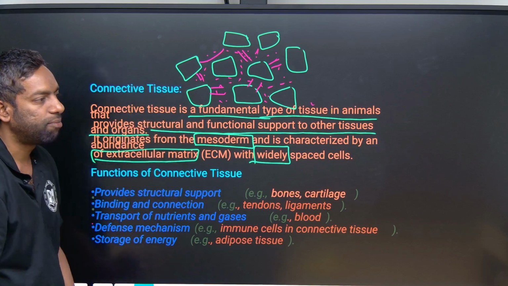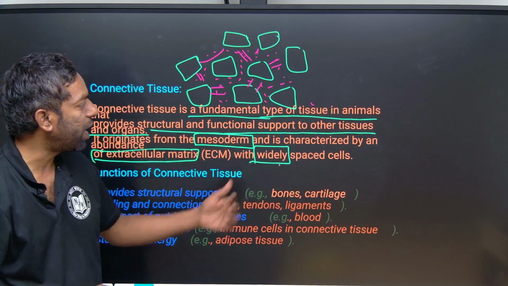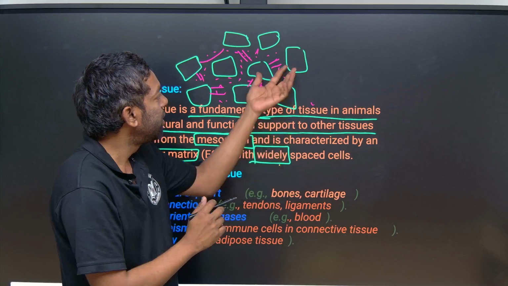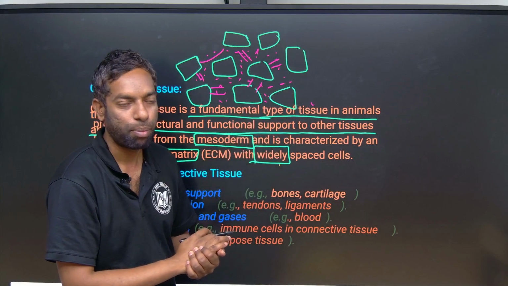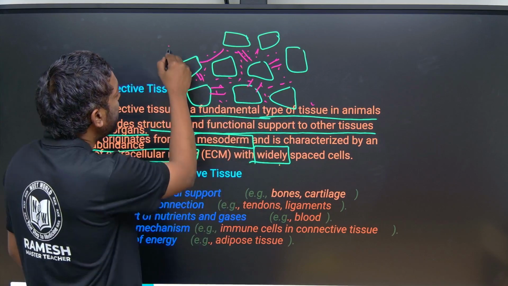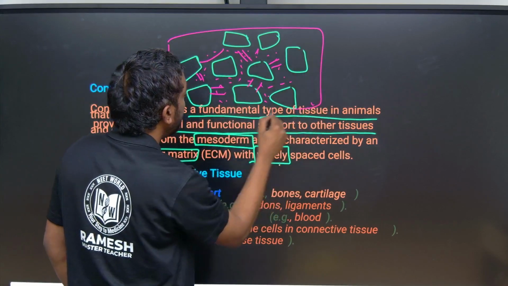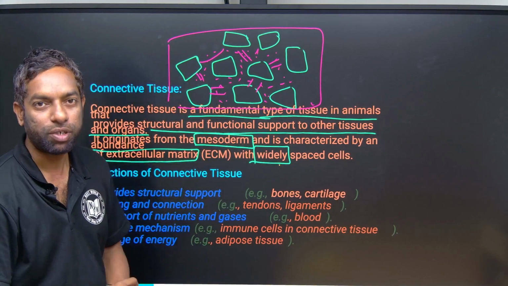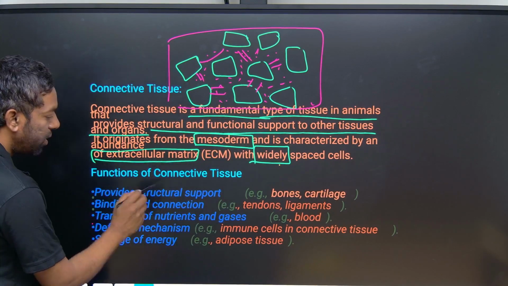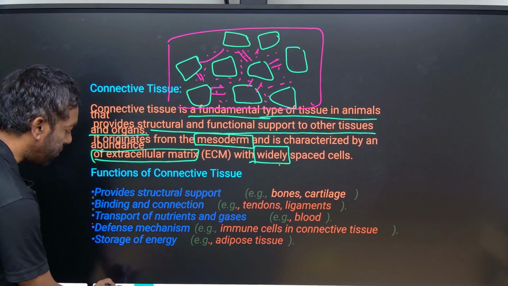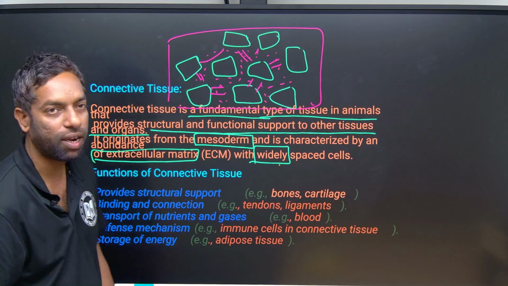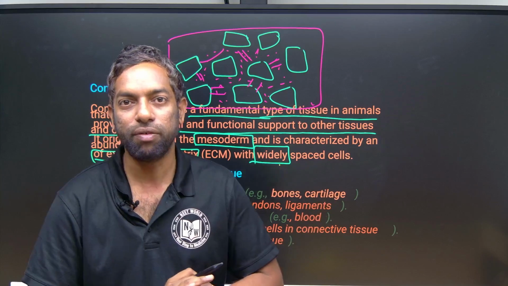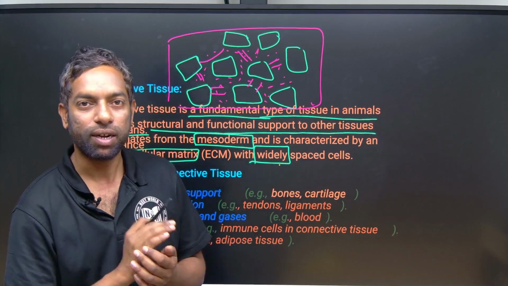The intercellular matrix is very wide, meaning there is a huge distance between the cells. This space is filled by certain objects, and in that way there are different kinds of functions of the connective tissue, unlike epithelial tissue. In epithelial tissue there is not that much space between the cells, no intercellular matrix.